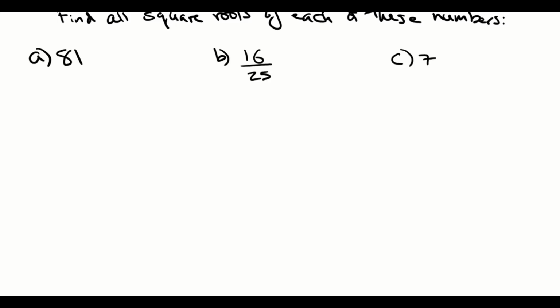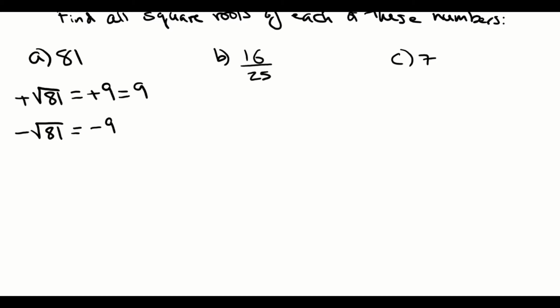Okay, for this next problem, we'd like to find all the square roots of these numbers, starting with 81. Remember that we're going to have a principal or positive square root of 81, which is positive 9, which we usually just write as 9. And we'll also have the negative square root of 81, which is negative 9.